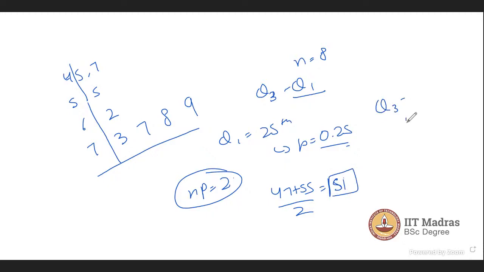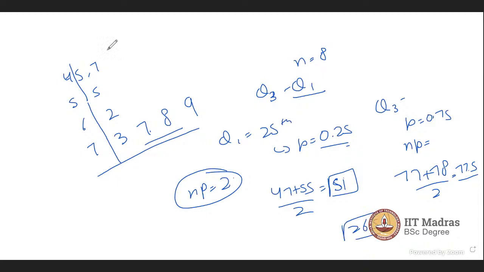Q3 is the 75th percentile, P is 0.75, NP will be 6, the sixth term, so you take the mean of the 6th and 7th: 77 plus 78 by 2, which is 77.5. Just subtract, so the IQR is 26.5. Okay, sir.